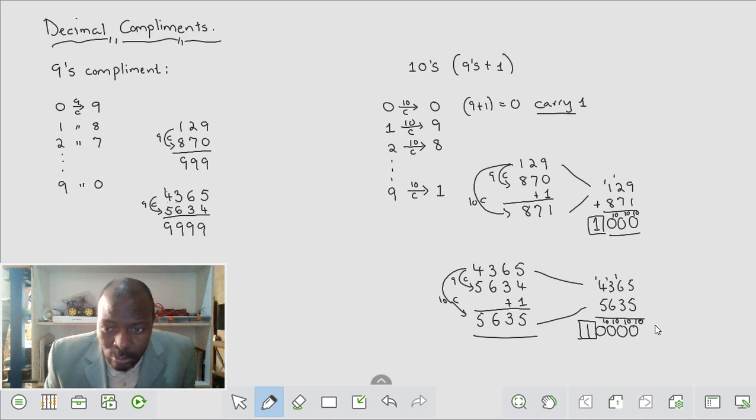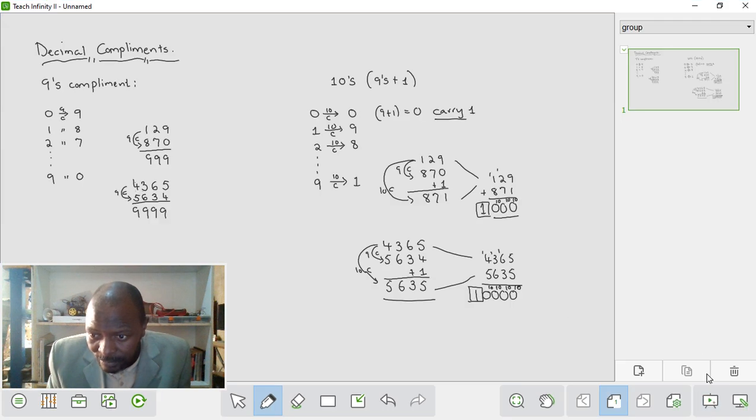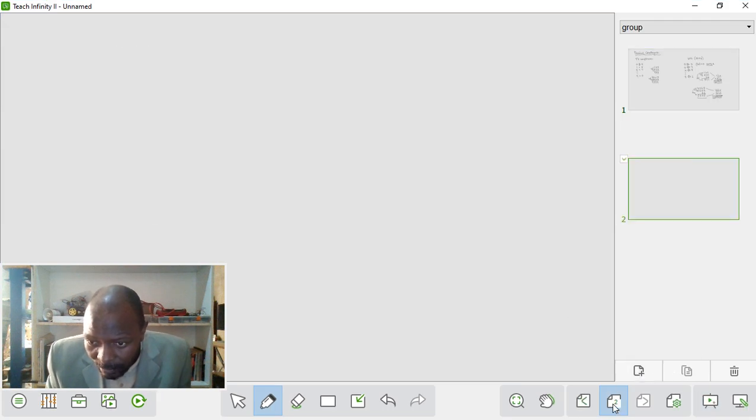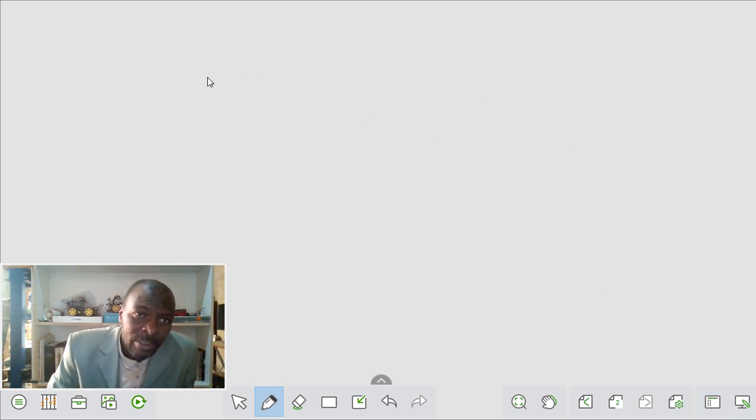Now I am going to demonstrate how we use this 10's complement to actually achieve subtraction via addition. So let's take an example now using 10's complement. Okay, we'll start with 9's complement.